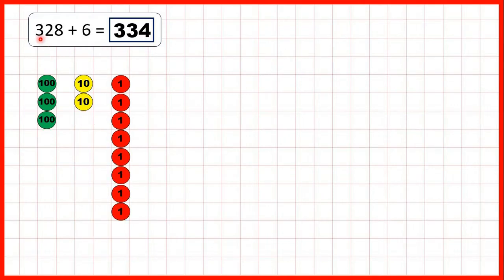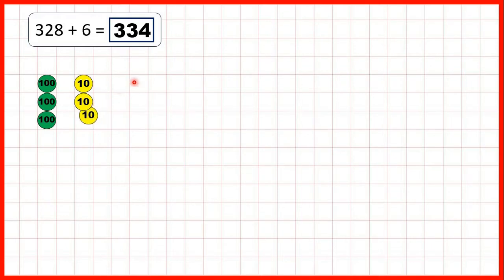Here we started with 328, so there's 3 hundreds, 2 tens and 8 ones. To add 6, we can first add 1, 2, exchange, then add 3, 4, 5, 6 to give us 334.